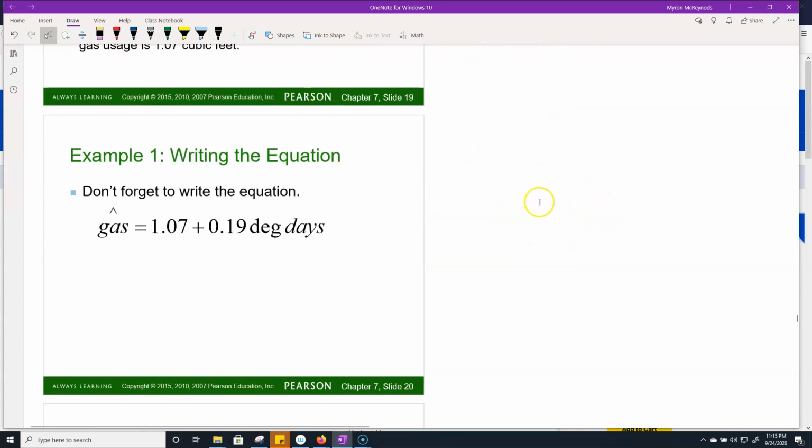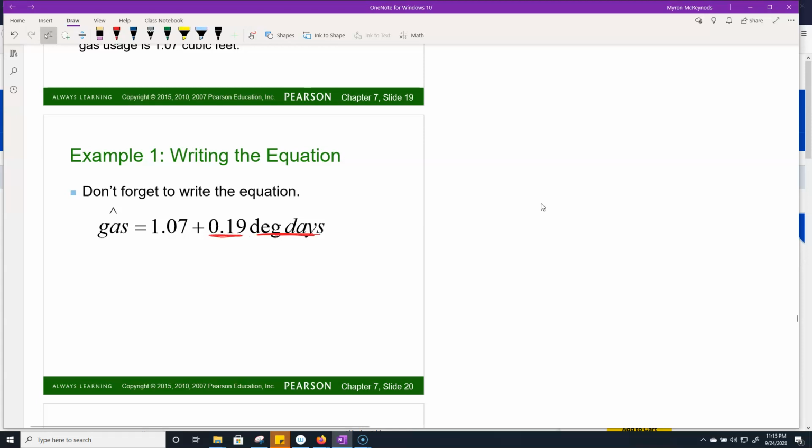So now we're going to write the equation. The amount of gas that you use is equal to 1.07 plus 0.19 for every degree day. So what this equation is telling me is that every degree that you go up, the amount of gas used is going to go up by 0.19.